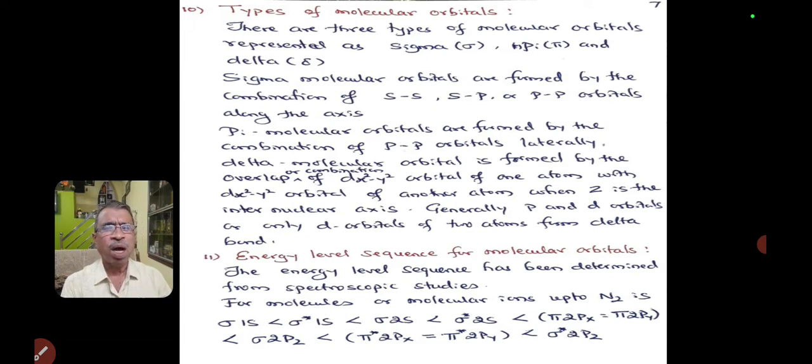Sigma 1s has the lowest energy, and the energy increases in the order: sigma star 1s, sigma 2s, sigma star 2s, pi 2px equal to pi 2py, which is lower than sigma 2pz, which is lower than pi star 2px equal to pi star 2py, and then sigma star 2pz molecular orbitals.